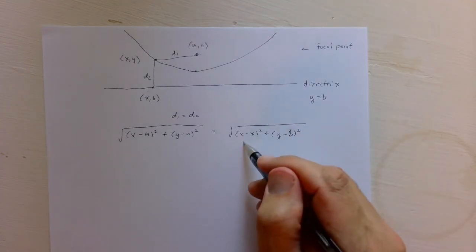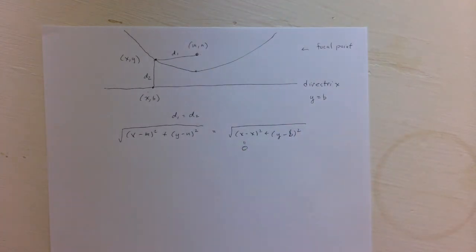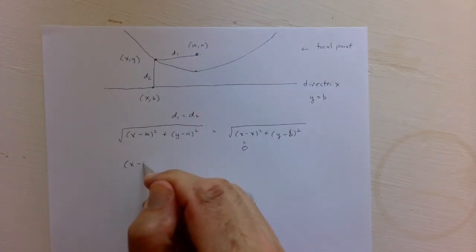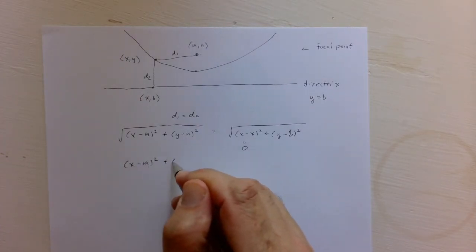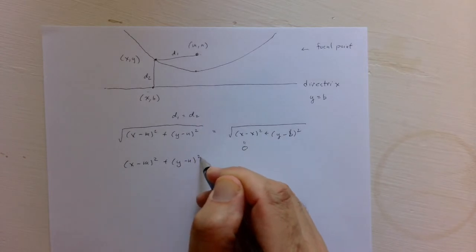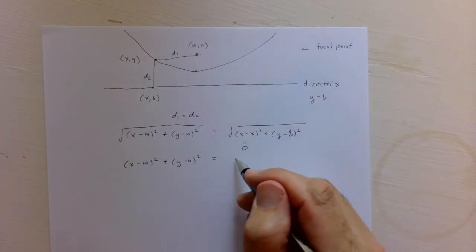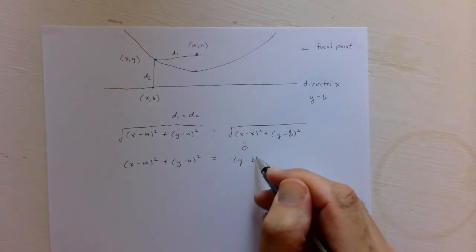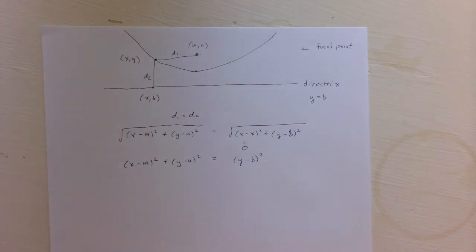Of course, the x minus x part is just going to be 0. Now I'm going to square both sides. So we get (x minus m) squared plus (y minus n) squared equals (y minus b) squared. Now I'll just multiply this out.